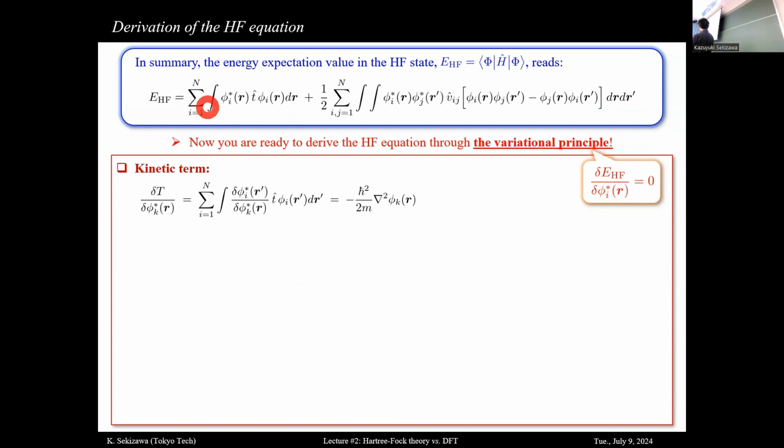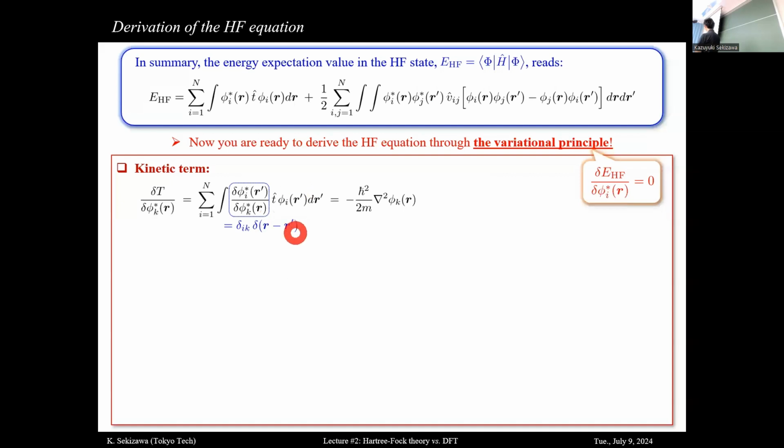For phi star, for instance, this kinetic term appears only here in the bra state. You can use this kind of functional derivative, but you can just use the Kronecker delta for the orbital indices i and k, and the delta for coordinates provides a Dirac delta function.